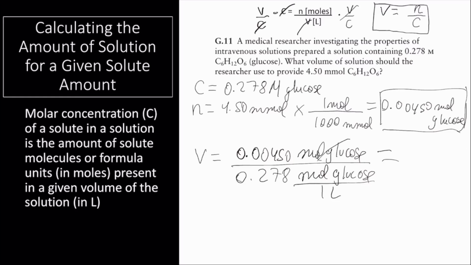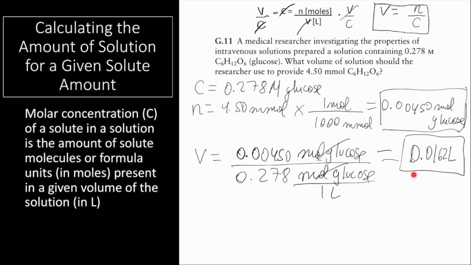So moles goes away with moles, and we're left with units of liters. So dividing these two numbers, which each have 3 significant figures, we have a final answer of 0.0162 liters, and this must have 3 significant figures as well.